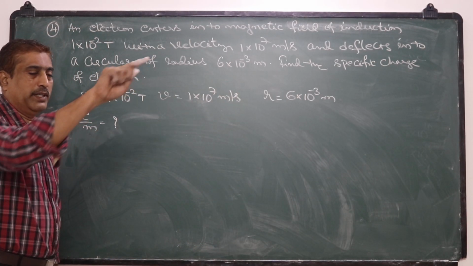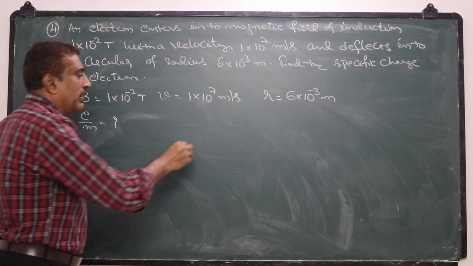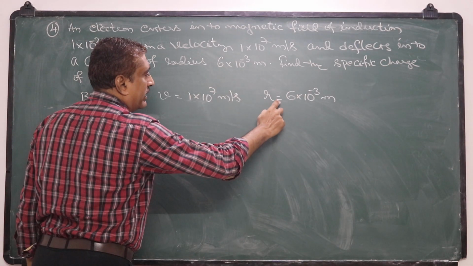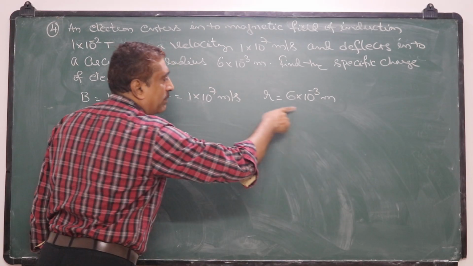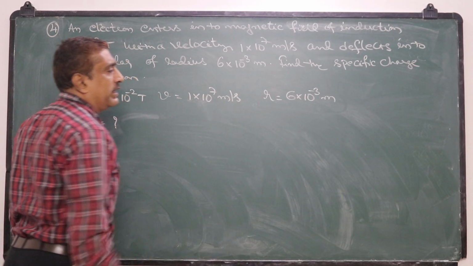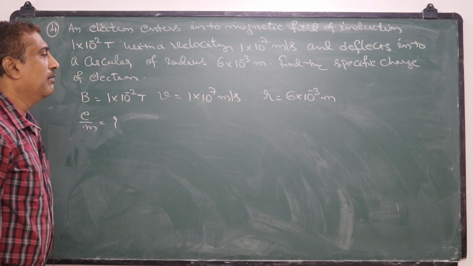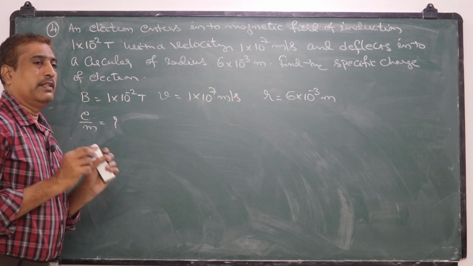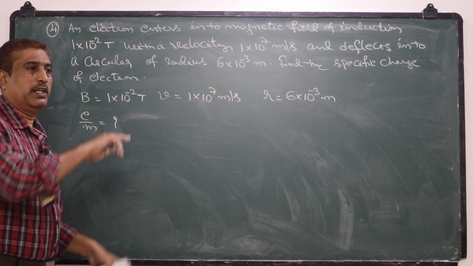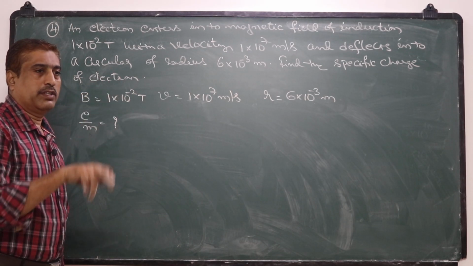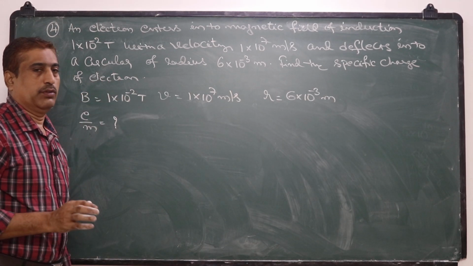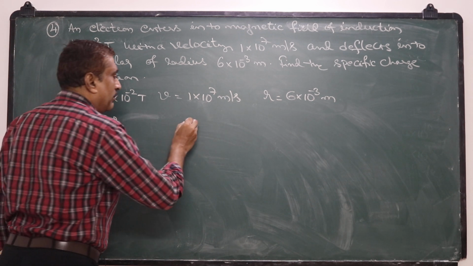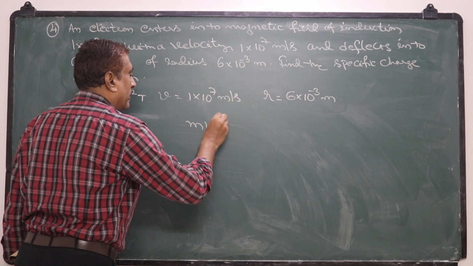Okay. Now when an electron enters into a magnetic field, it traces a circular path and deflects in a circular path, and the radius of that particular circular path is 6 into 10 to the power minus 3. Now the condition to be applied here is that the necessary force required for a body to revolve around a circular path is centripetal force.